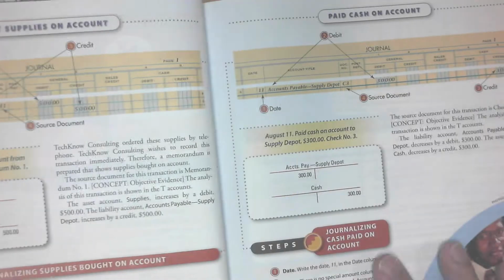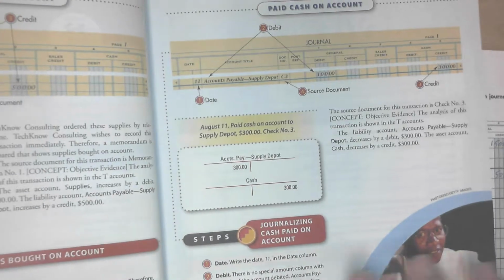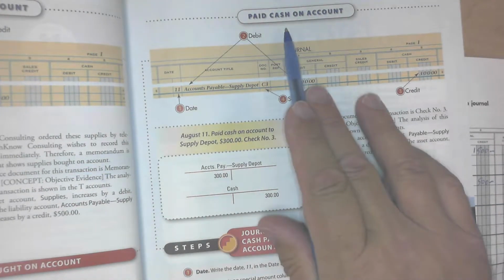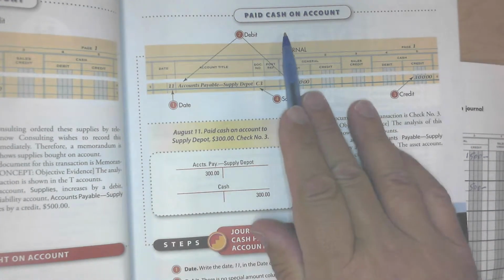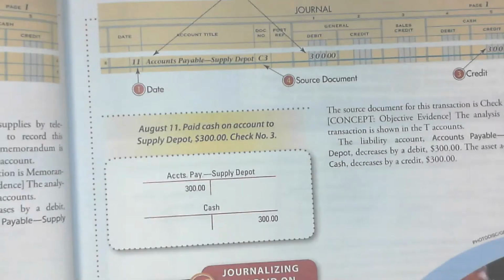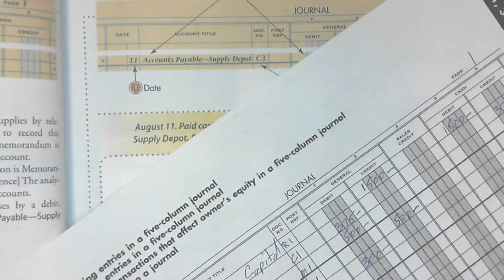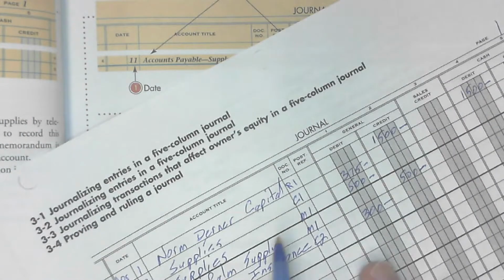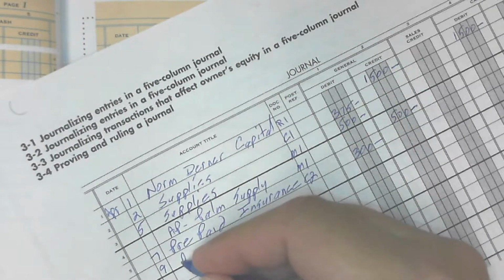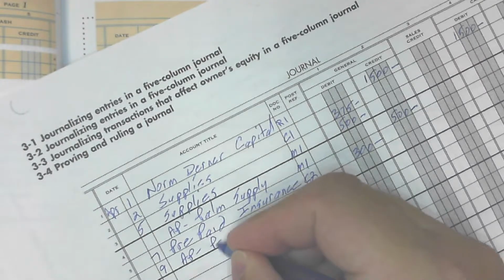Oh, yeah, just 1 entry, sorry. So we've got our paid cash on account. It was on the back side of that page. So that's an accounts payable to Palm Supply.